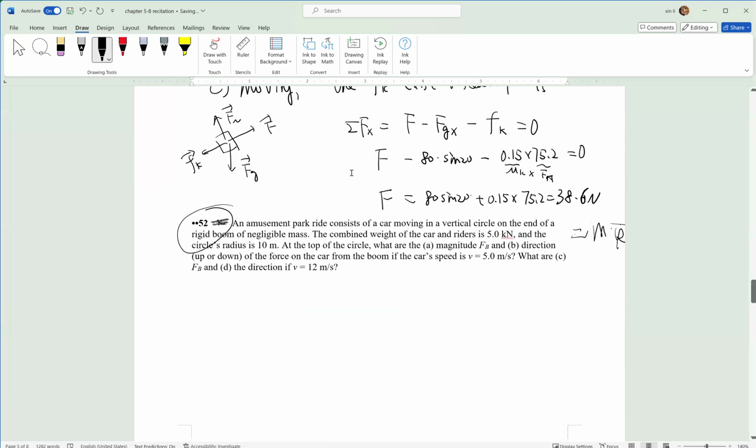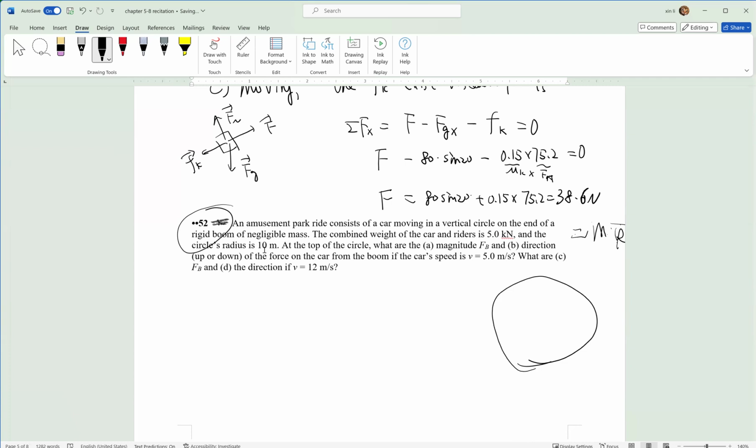So now we take a look at problem 52. Here, we have to get our centripetal force, and also what is the centripetal force. So an amusement park ride consists of a car moving in a vertical circle on the end of a rigid boom of negligible mass. The combined weight of the car and the rider is 5,000 Newton.